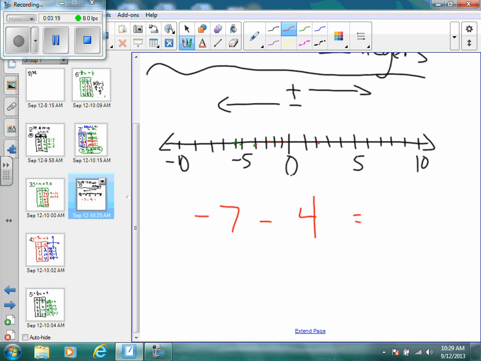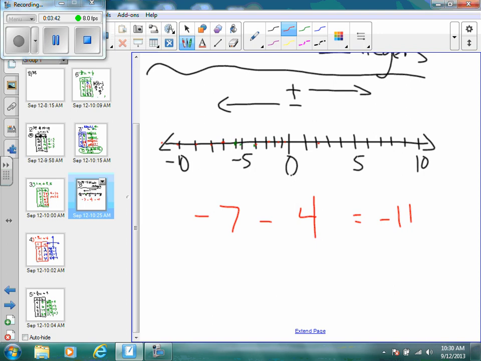So, for example, if I have negative 7 minus 4, negative 7 is my starting point right there. I'm subtracting 4. I'm going to go 4 to the left. 1, 2, 3, 4. Negative 11.